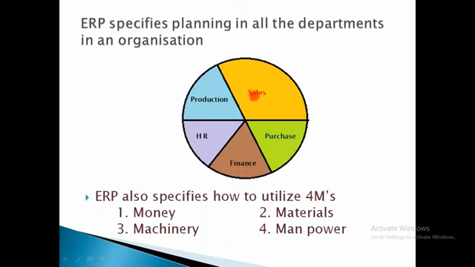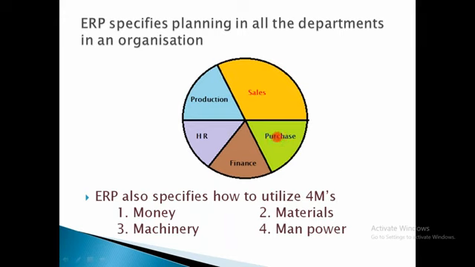So I'll give you one more example. We have very good planning in sales department, we can get more orders from the customers. We have very good planning in production department, we can manufacture the goods properly. But there is no planning in purchase department. So they are not in a position to procure the raw materials on time.